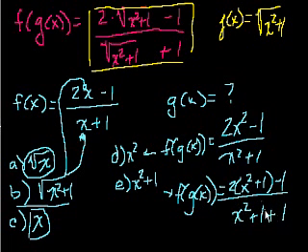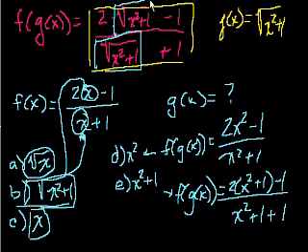You could simplify this a bit, but that still doesn't equal this. So once again, if you're given the choices, you just try this out. You replace this expression everywhere you see an x, and that's what the question essentially was asking us.